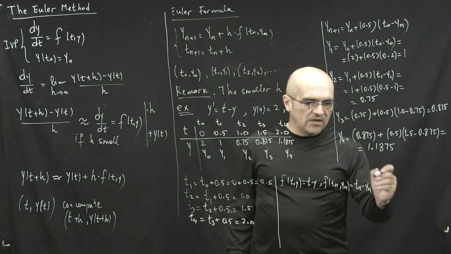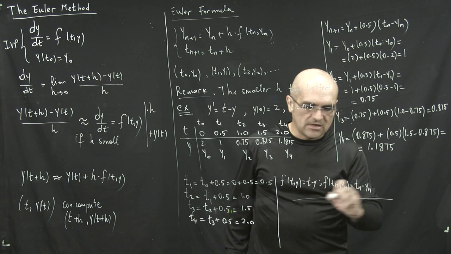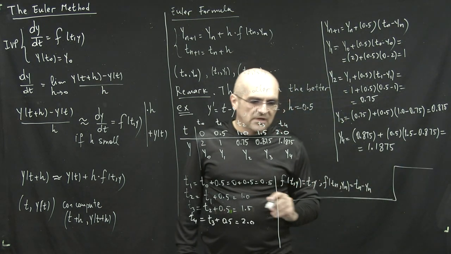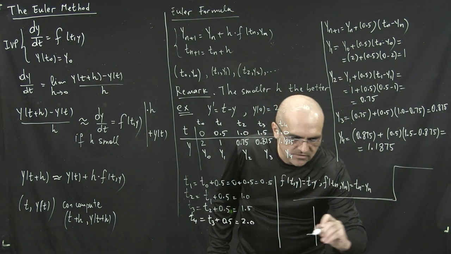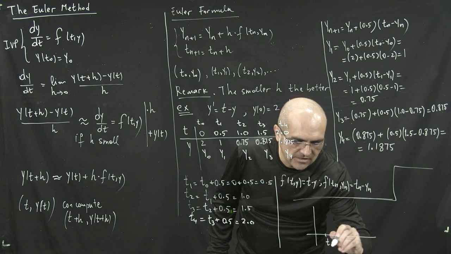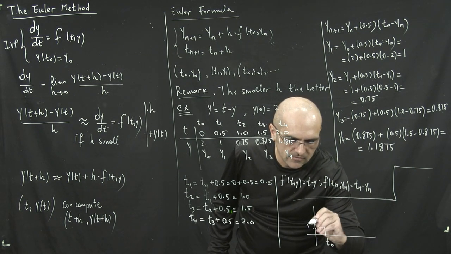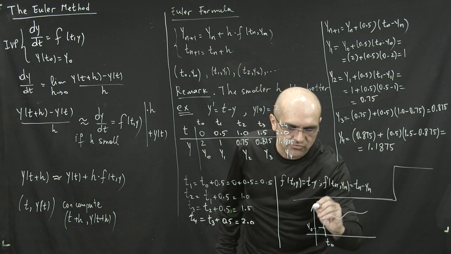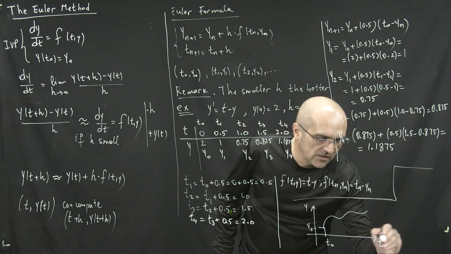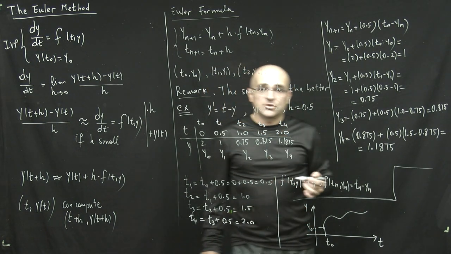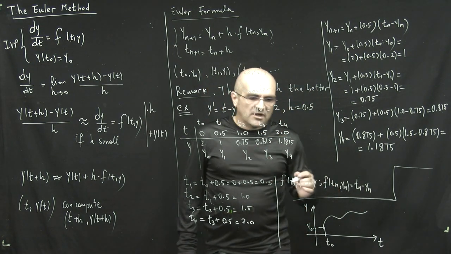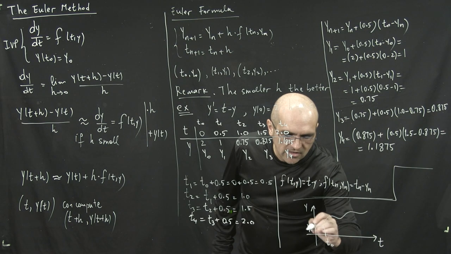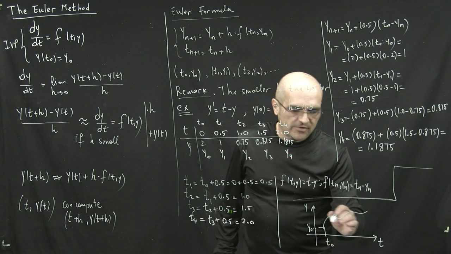To visualize what goes on, imagine that the real solution, starting at the point t naught, y naught, looks like that. Suppose this is the actual solution, y with respect to t, which presumably you cannot determine. The Euler method approximates the solution at various points.